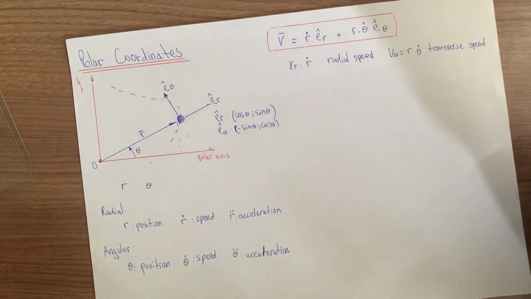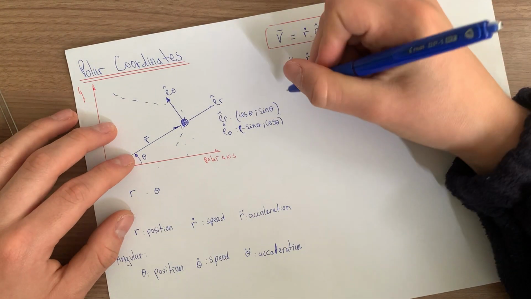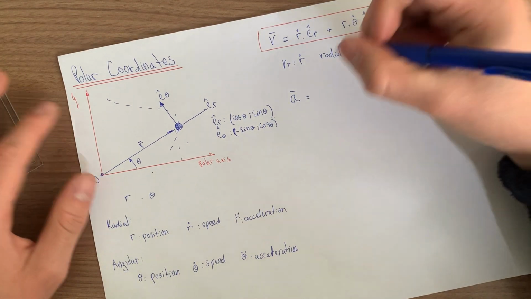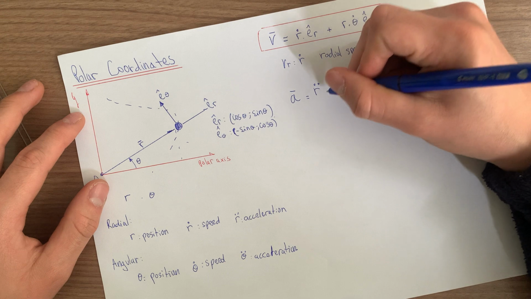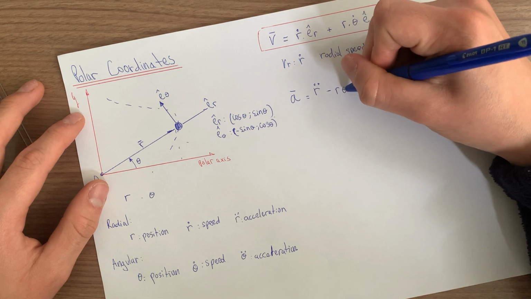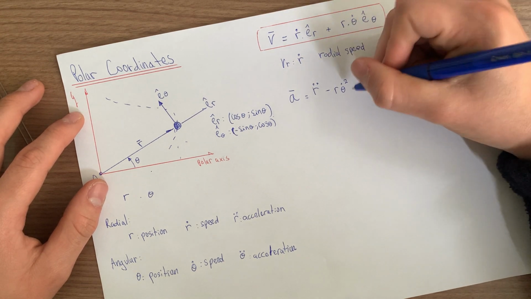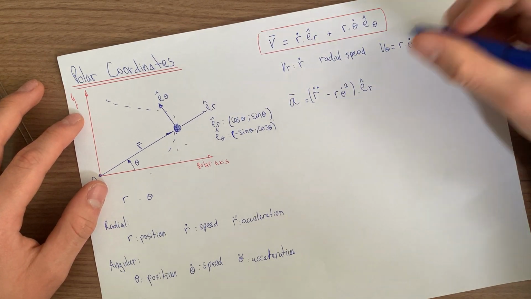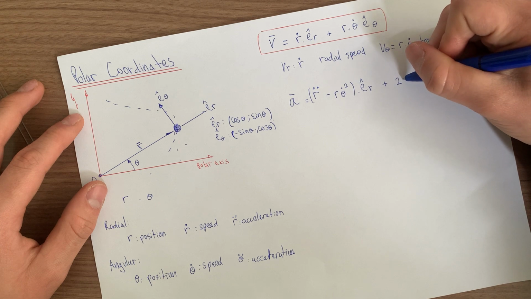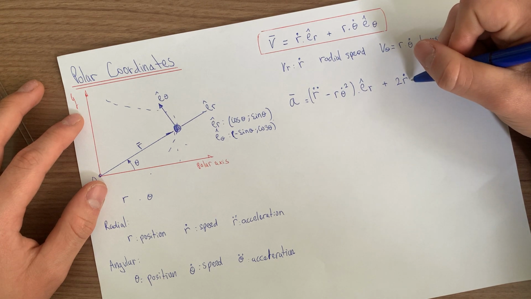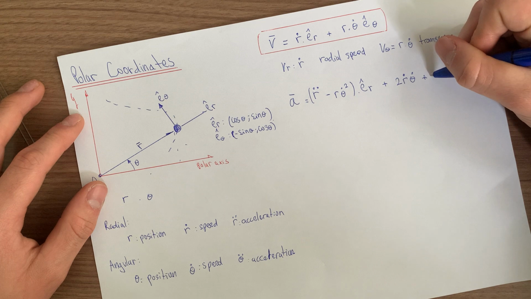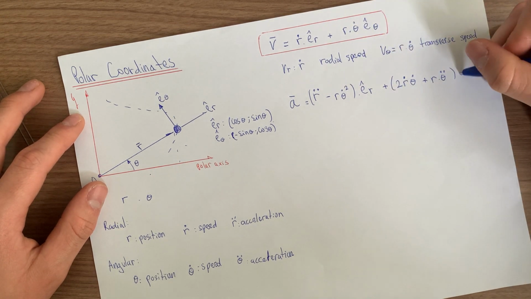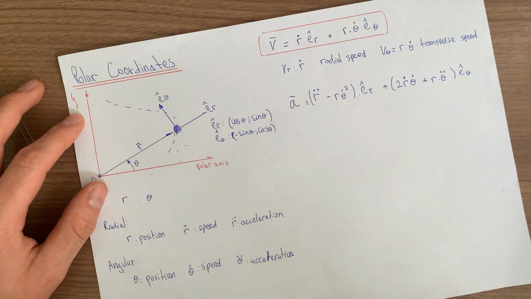Now we continue with acceleration. So we have this long formula, but you will learn it. r two points minus r times theta point squared, multiplied by the radial vector. And we have 2 times r point theta point plus r multiplied by theta two points, and this is going to be the transverse acceleration.